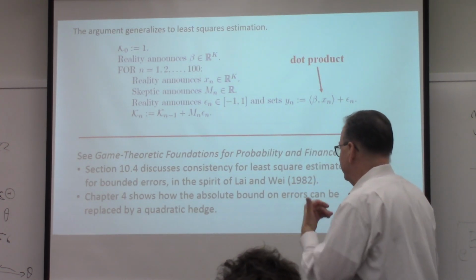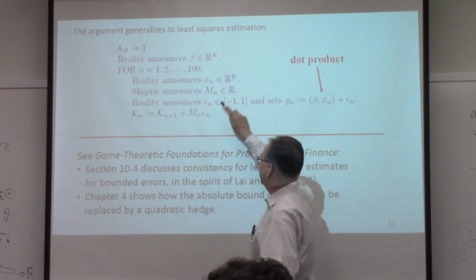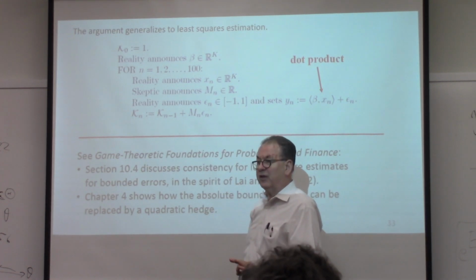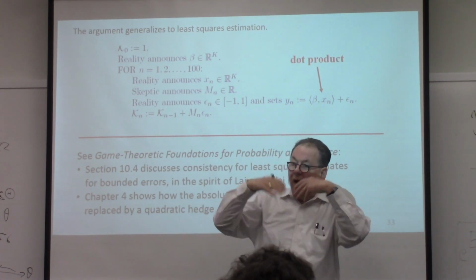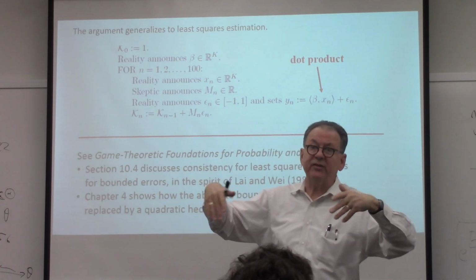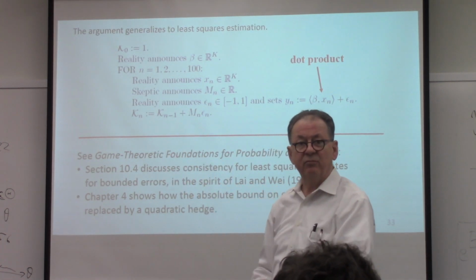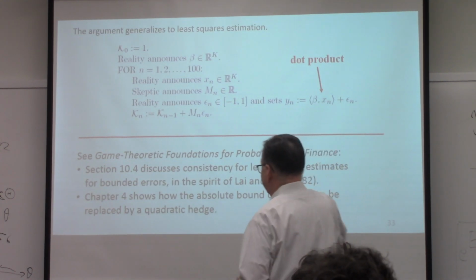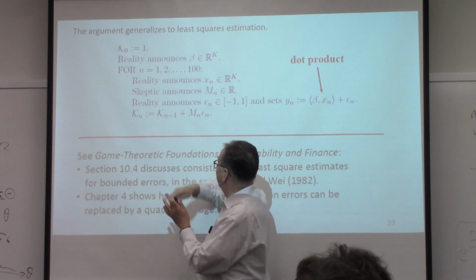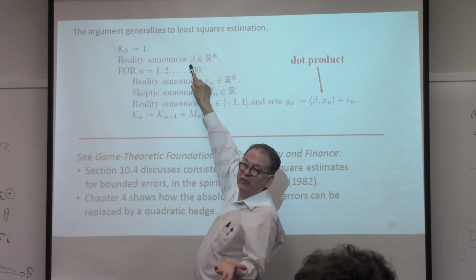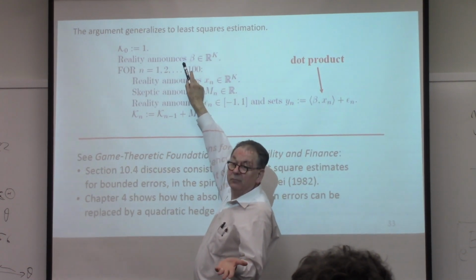But what's going on? The statistician is not in the game. The statistician is not skeptic. The statistician hypothesizes that the world is described by a game like this. Skeptic sees all the moves in the game. Skeptic sees at the outset what the regression coefficients we're trying to estimate are.